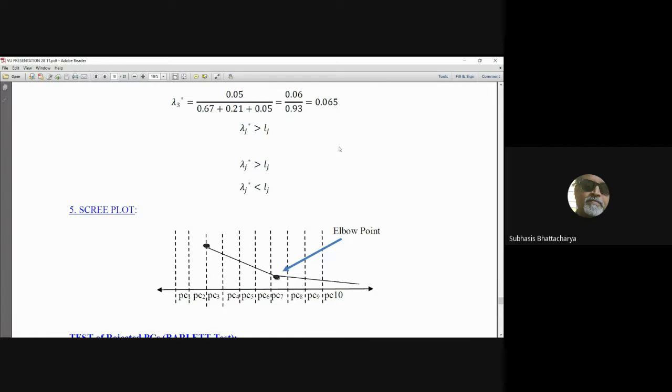For example, here I can select up to PC7, that is 7 principal components, from first, second, third, and so on. Beyond that, the drawn line becomes horizontal. So this is the explanation of how you have to choose.